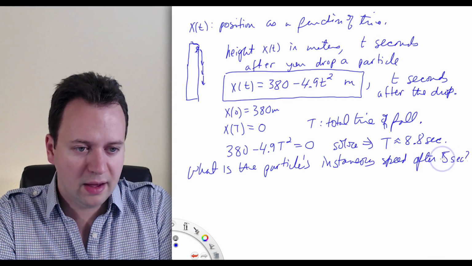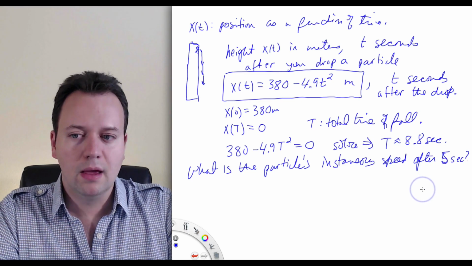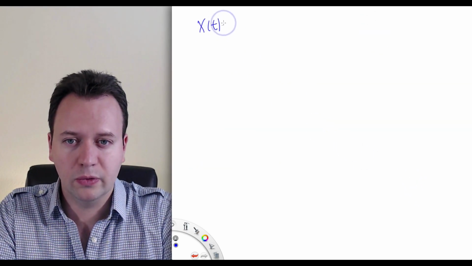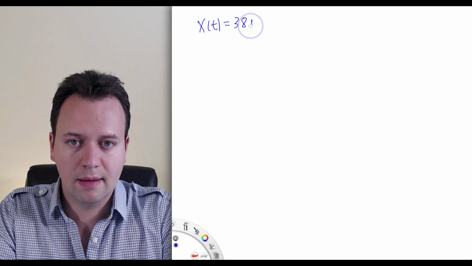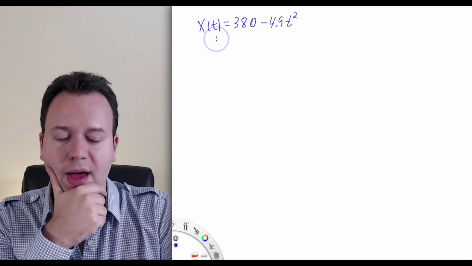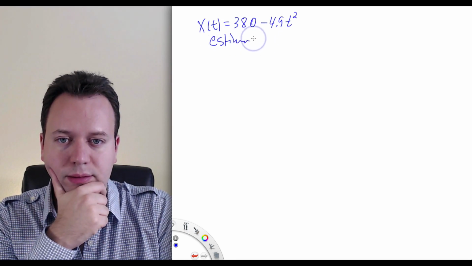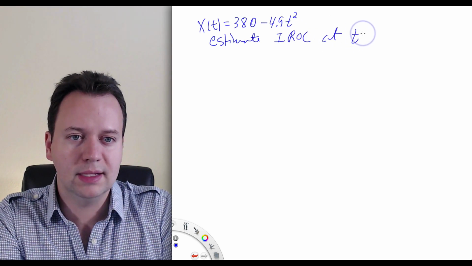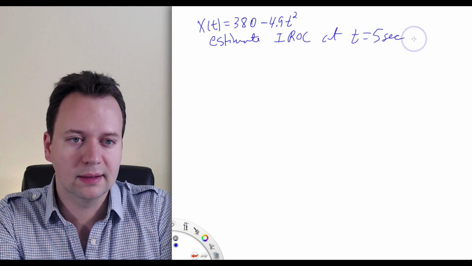It's supposed to be a 5, like that. Okay. So the formula again was just 380 minus 4.9 t squared. And so we want to estimate the instantaneous rate of change at t is equal to 5 seconds.